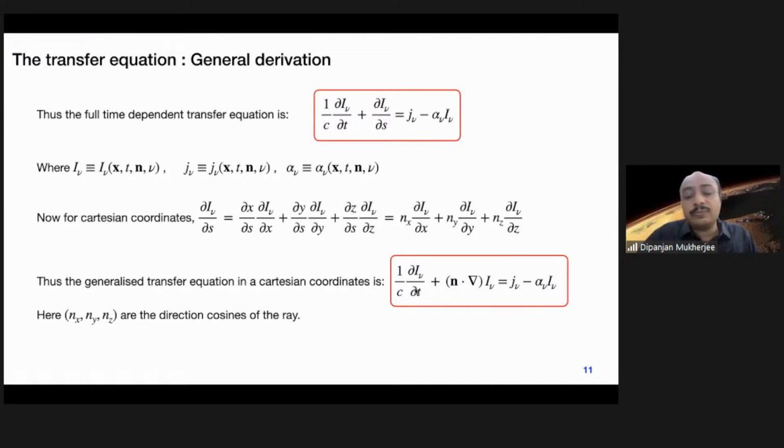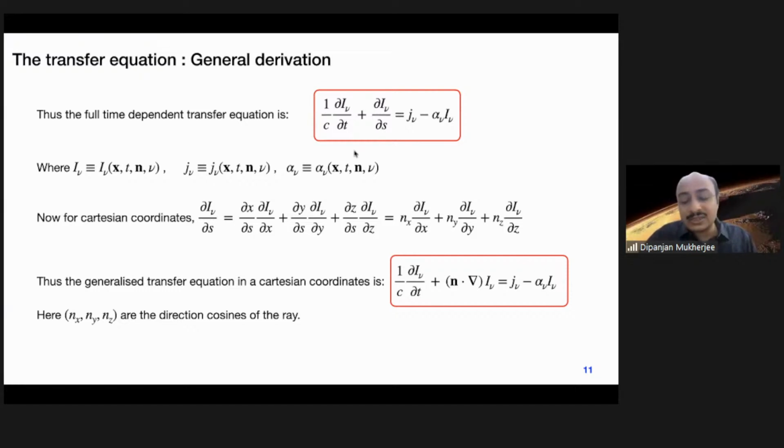But in most of your standard implementations, you will not require this term. You will consider steady-state radiation fields, and you will just use the standard equations starting from this term here. So you'll mostly ignore del I nu del t, unless your emission source is changing with time.